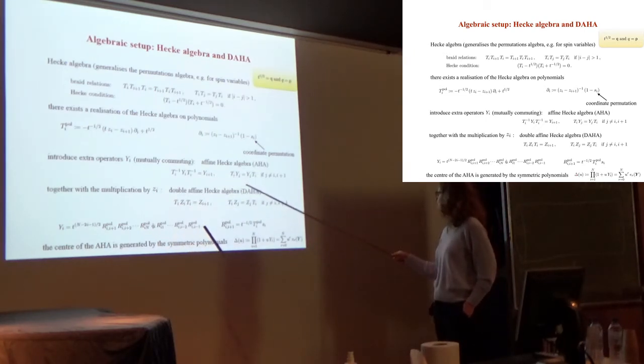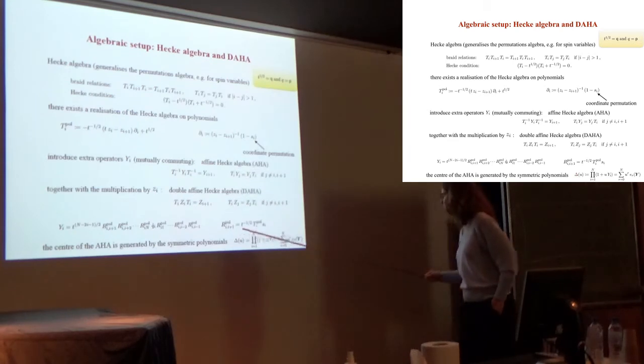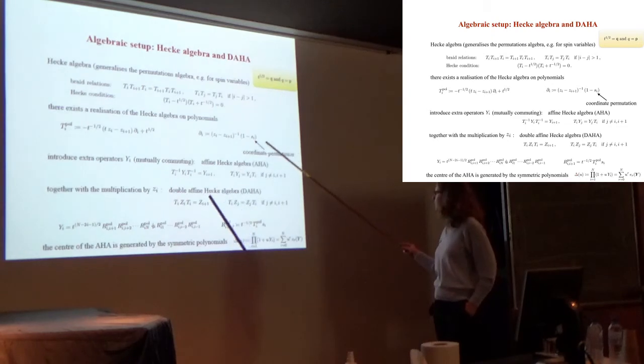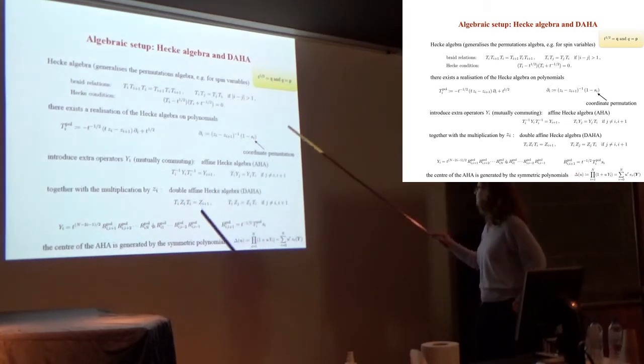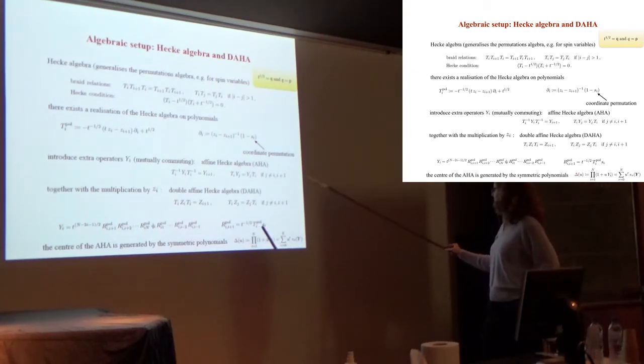Yeah, so these objects commute with each other, which is not obvious to see from the definition, and the center of this algebra is realized by the symmetric combinations of Y operators, which are generated by this object delta of U, which can be expressed in terms of elementary symmetric sums.